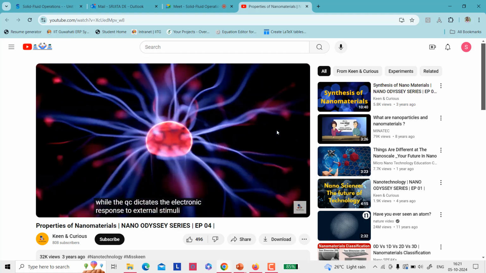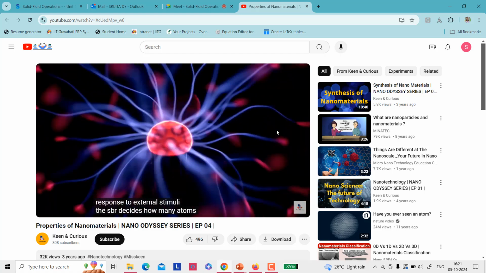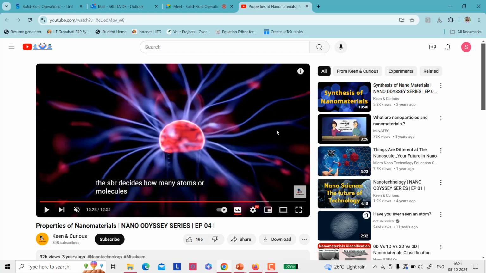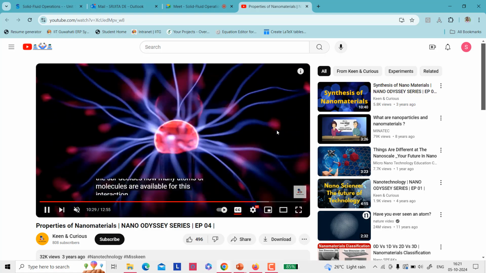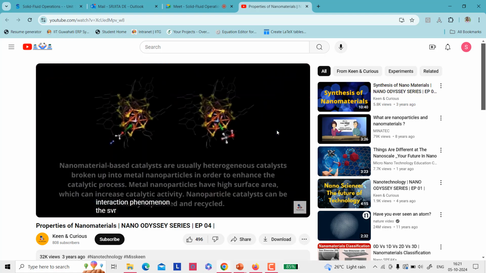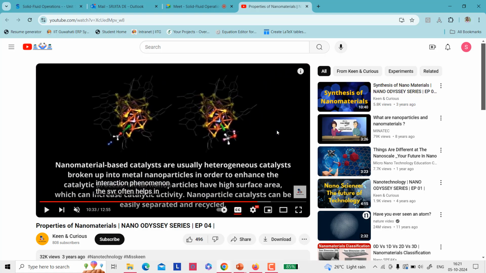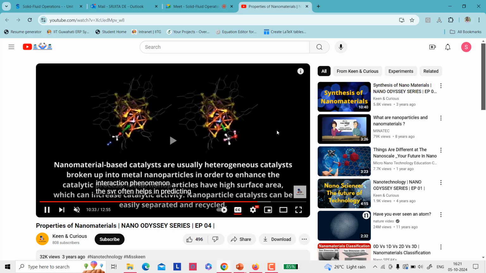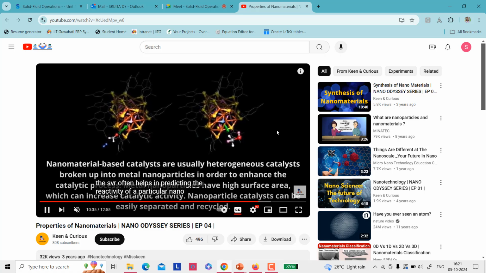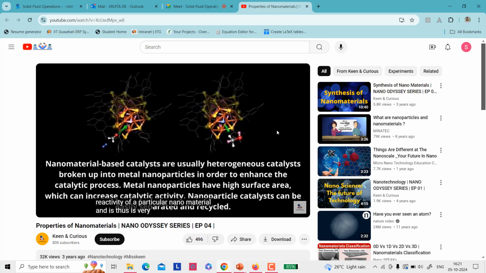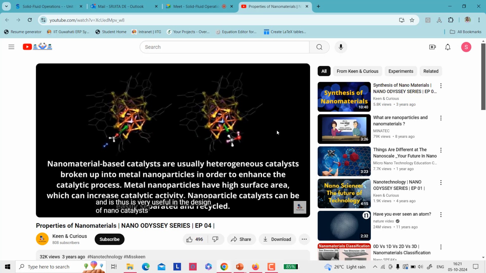It can also be used to investigate whether or not a particular nanomaterial will be structurally stable and hence can predict the feasibility of a particular synthesis process. The SVR can also be used to study the porosity or orientation of nanomaterials so that their properties can be reliably predicted and corroborated after experimentation.